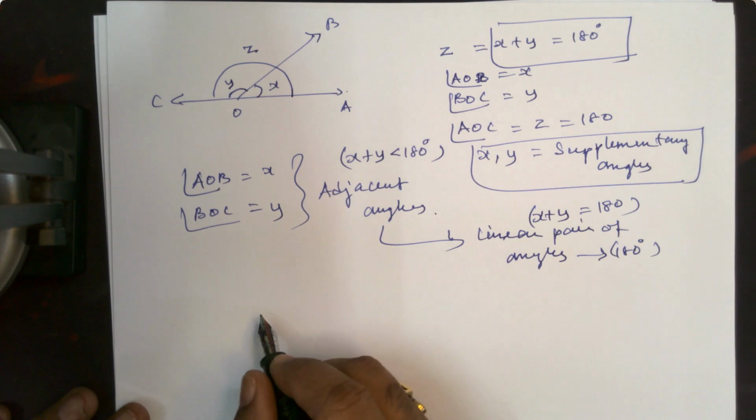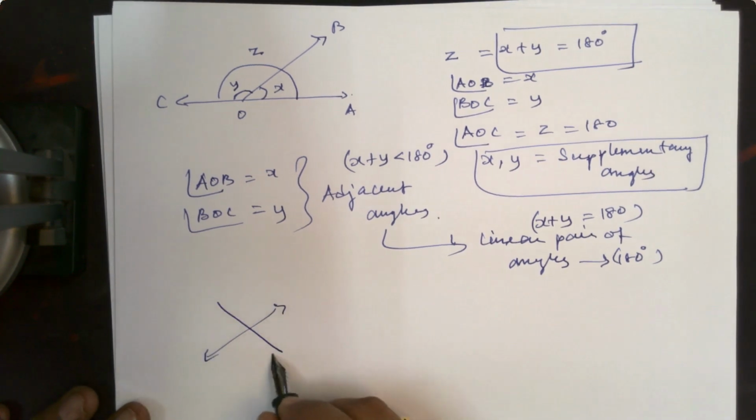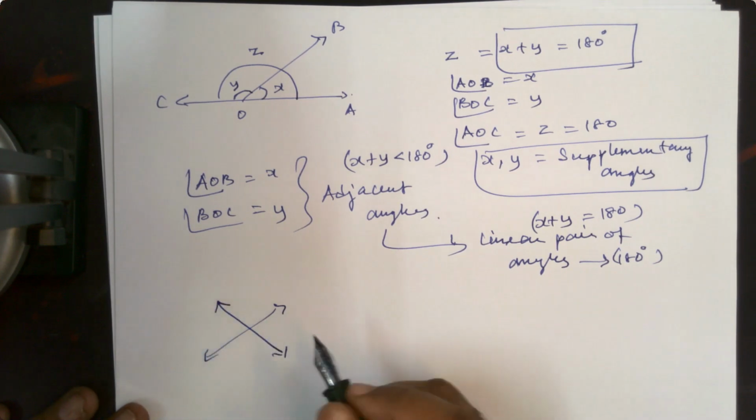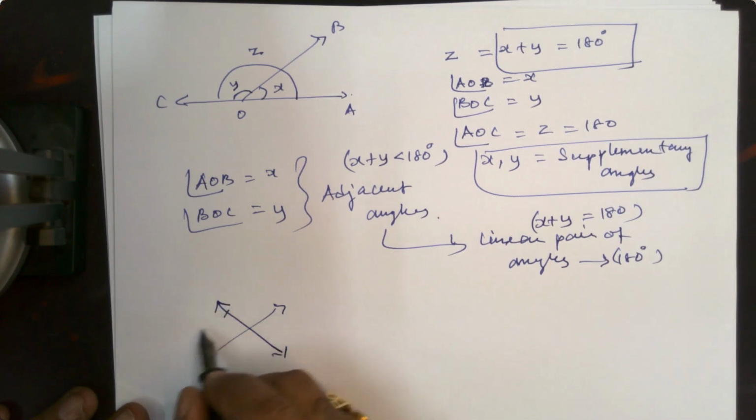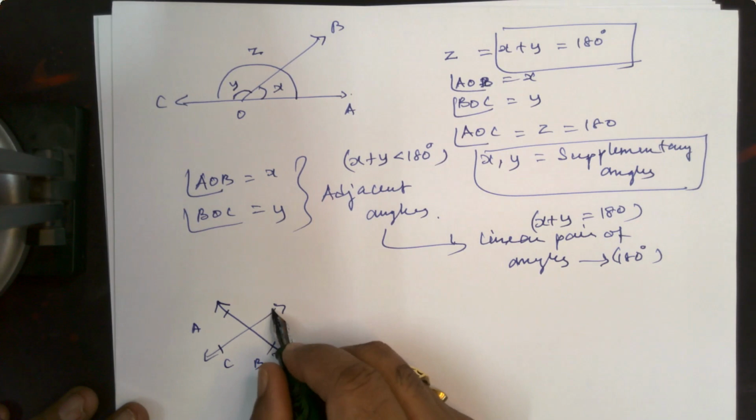Now let us consider two rays or two line segments. They cross each other. Let us call this AB line segment, and another line segment CD.